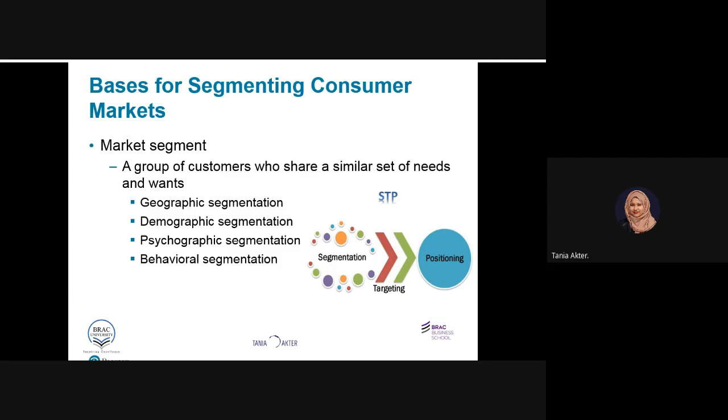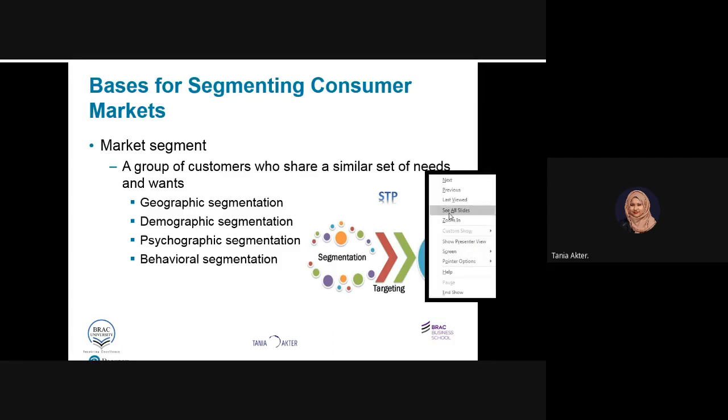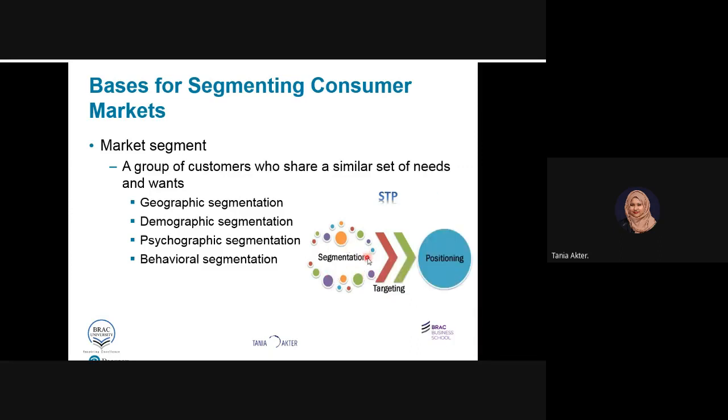There are four ways of segmenting a consumer market, and I know you all know that these are geographic, demographic, psychographic, and behavioral. As you can see, this picture is showing you that segmentation is the first thing you need to do before selling your product, and then after segmentation, you go for choosing the target market, and then positioning your brand.